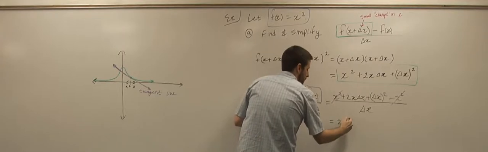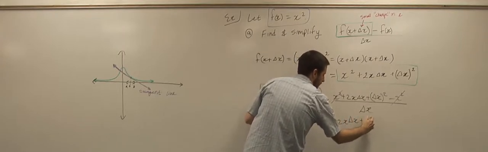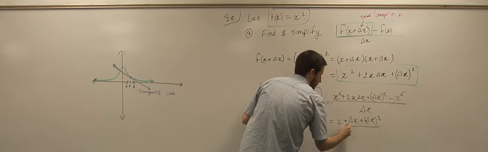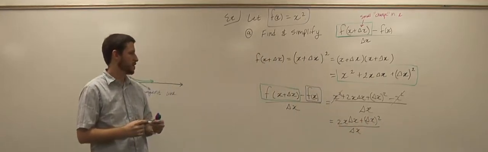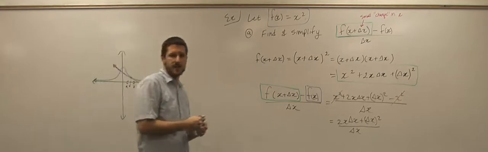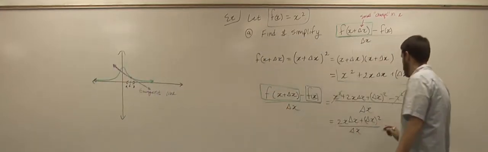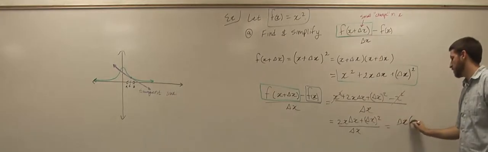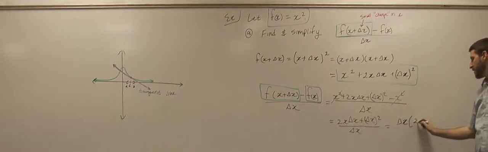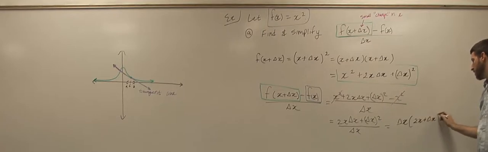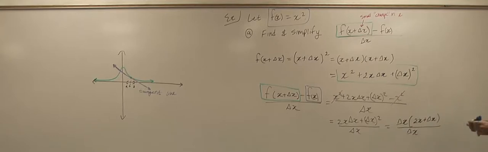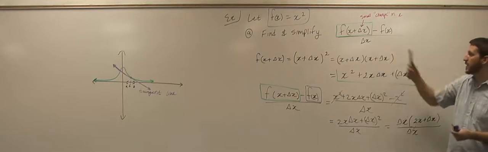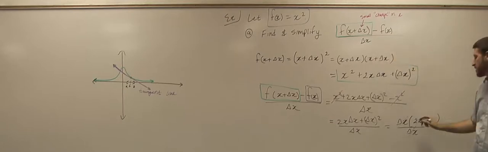So you're left with 2x delta x plus delta x squared over delta x, which you can simplify by factoring out delta x and then canceling. So delta x comes out in front, you're left with 2x plus delta x over delta x, these cancel. So at the end of the day, this quantity is just equal to 2x plus delta x.